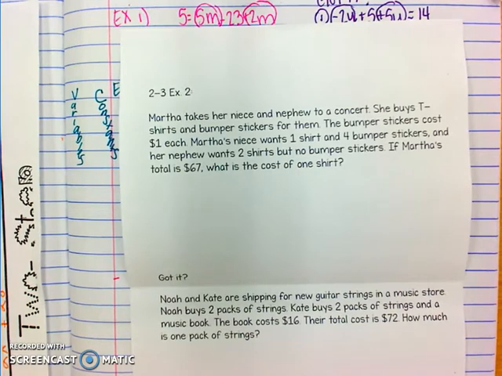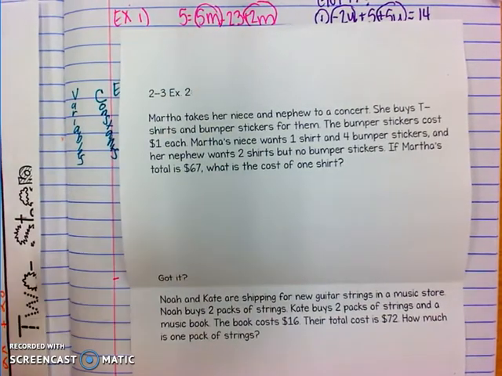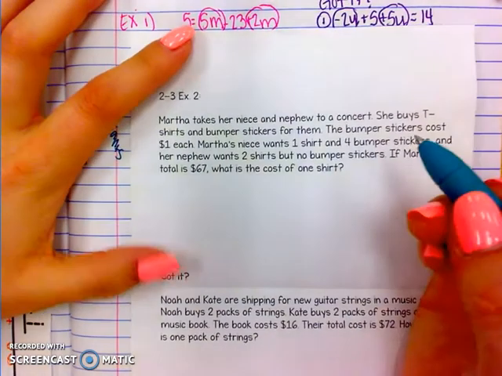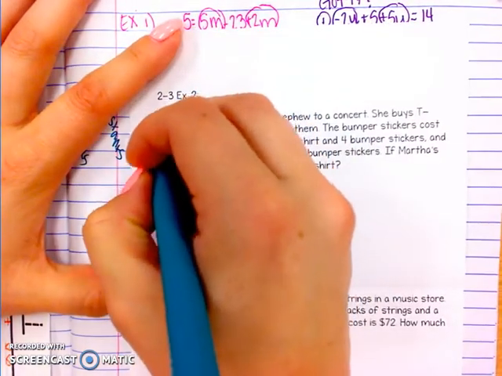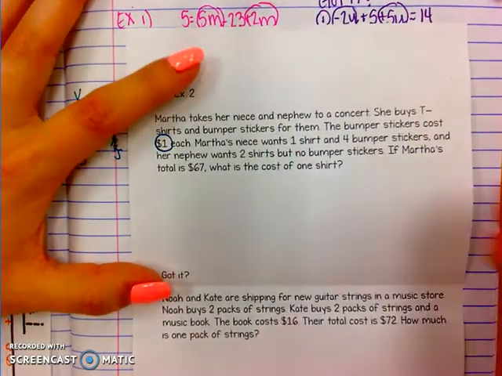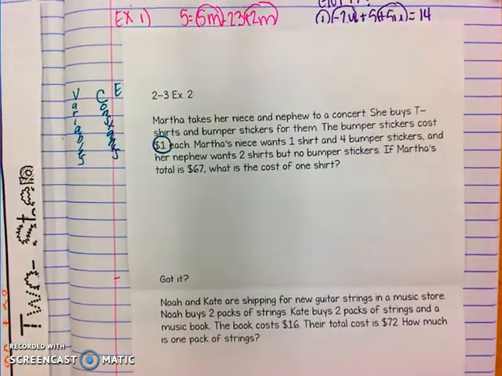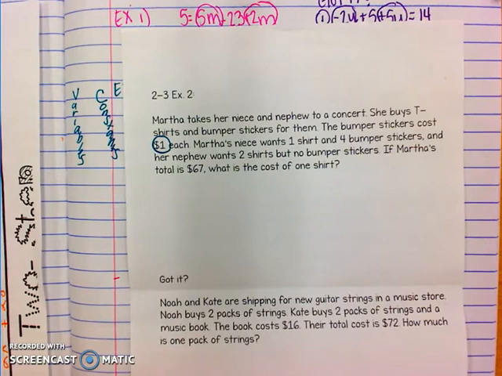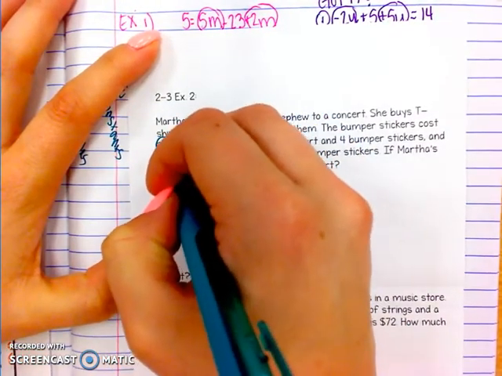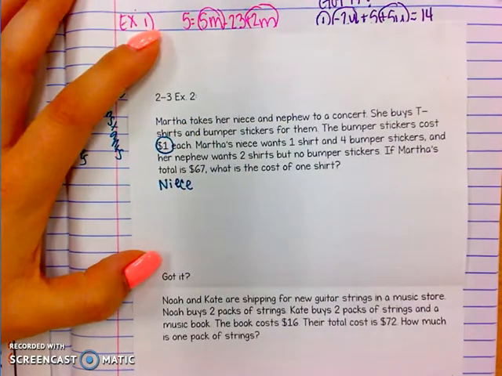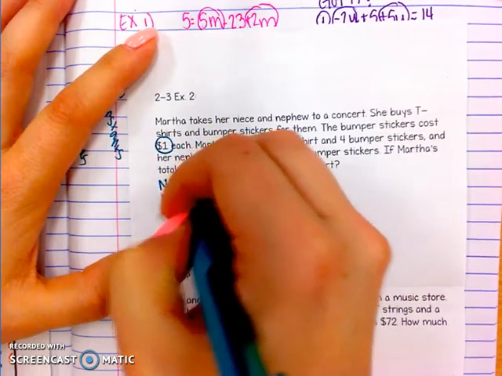Well, let's see. We're going to first look at each of the parts of what's being given to us. So bumper stickers cost $1 each. Okay, her niece wants 1 shirt and 4 bumper stickers. Okay, so what the niece wants is 1 shirt and 4 stickers.